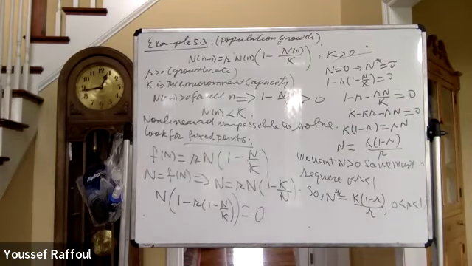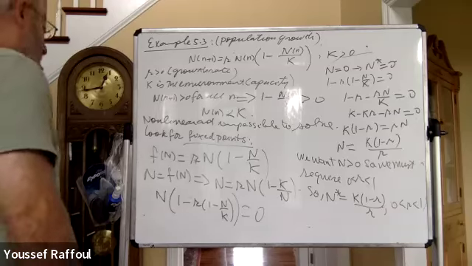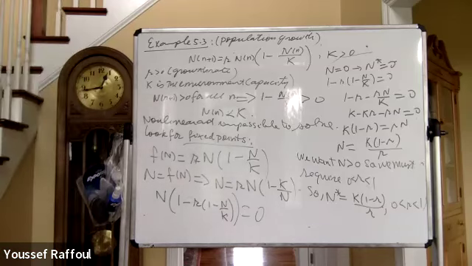Did I make a sign mistake somewhere? Okay, let's see. f of n equal r n times 1 minus n over k.